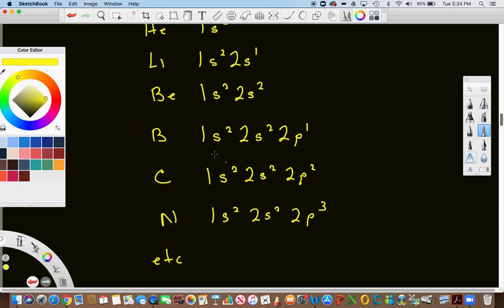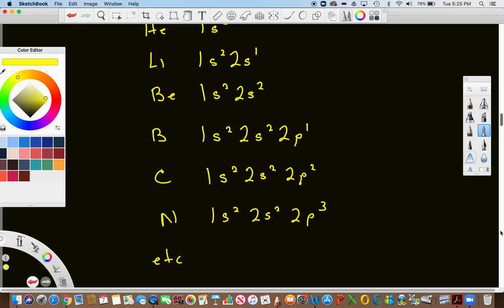Boron 1s2, 2s2, 2p1. Carbon 1s2, 2s2, 2p2. Nitrogen 1s2, 2s2, 2p3, until we eventually get up to neon, which is 1s2, 2s2, 2p6. Then we'll go to the 3s, etc. So hopefully you remember this.